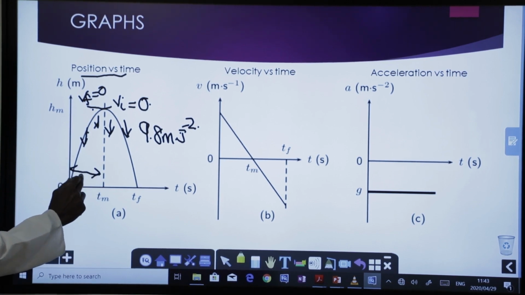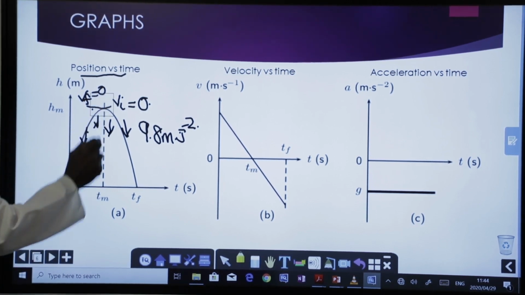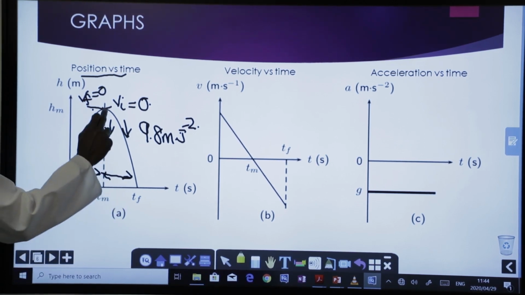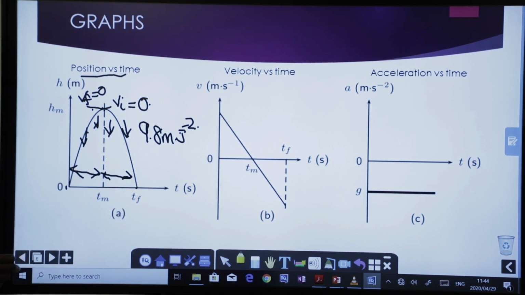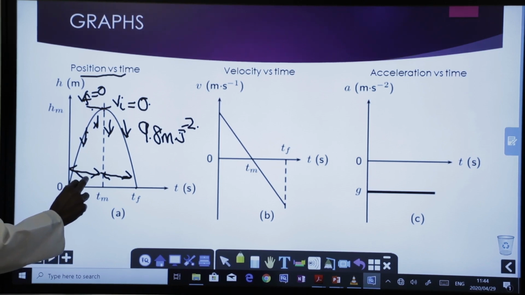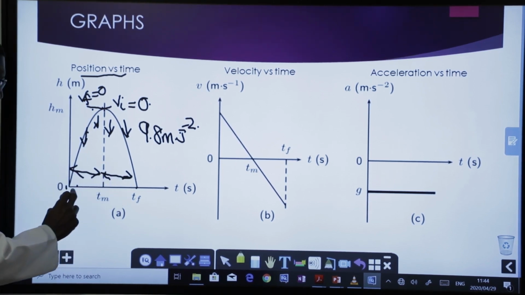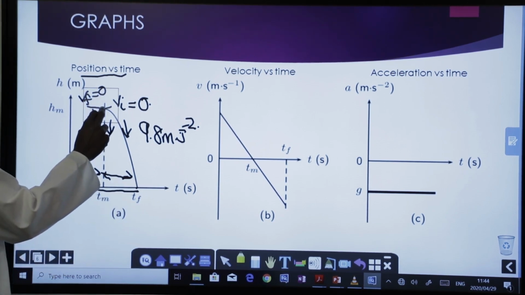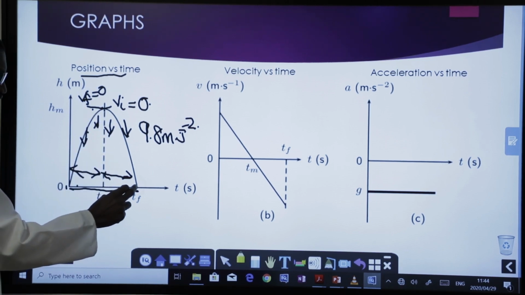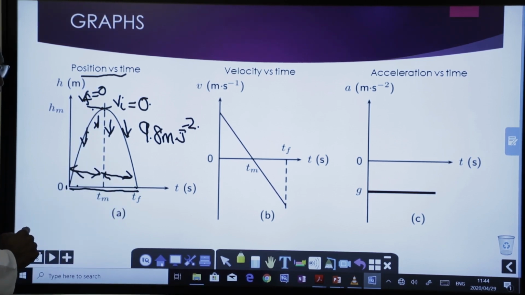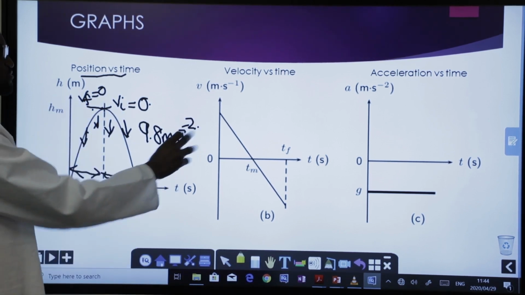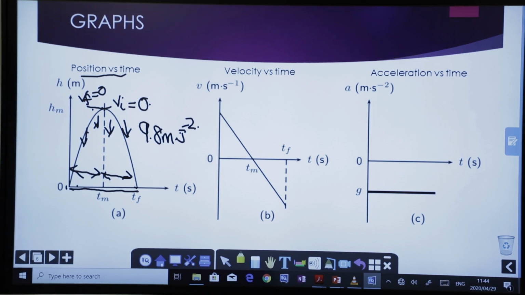The time it takes to reach its highest point is equal to the time it takes from the highest point back to the point of origin. In other words, twice the time it takes to get to the highest point is the total time to get back to its original point. All right, now that you have understood this part, let's move on to the velocity time graph.